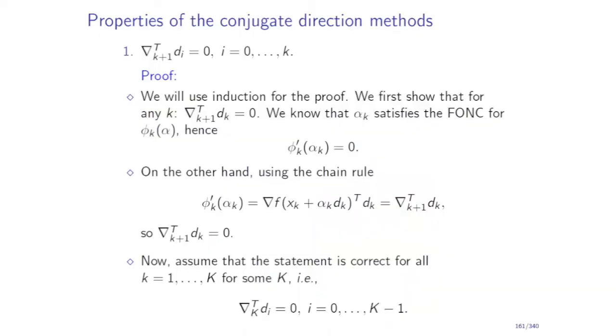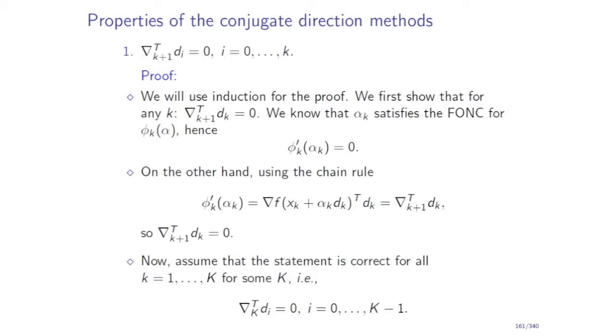One such property is that if we perform k plus 1 steps of the conjugate direction method starting with the point x0, then as a result we'll obtain the point xk plus 1, and the gradient of f at this point xk plus 1 will be orthogonal to every direction that we took using the k plus 1 steps of the conjugate direction method. Okay, so we have nabla k plus 1 transpose times di is equal to 0.